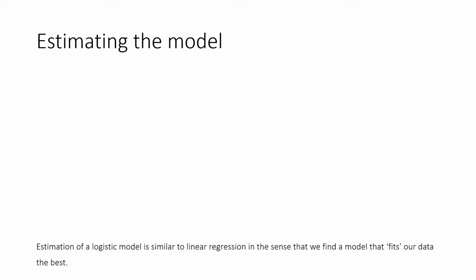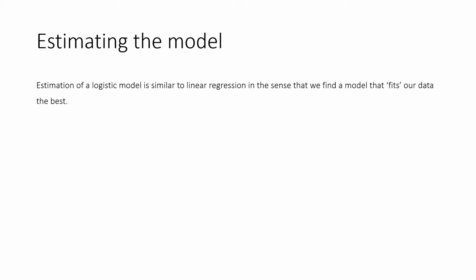Okay, now let's go back to estimating the model, because how do we get to that model that we saw? So we had this model minus 30.42 plus 1.204 times BMI, but how do we get that model? The estimation of a logistic model is somewhat similar to linear regression in the sense that we try to find a model that fits the data the best, but the way that we approach that is a bit different.